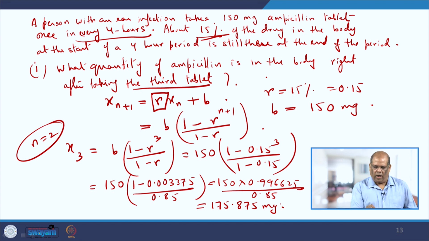So, the quantity of ampicillin in the body right after taking the third tablet is 175.875 mg. Next, we pose another question.